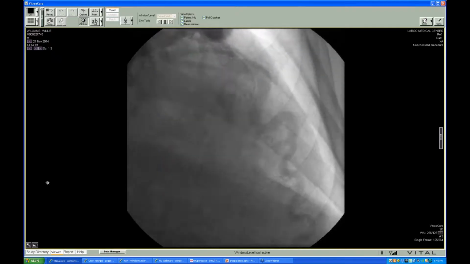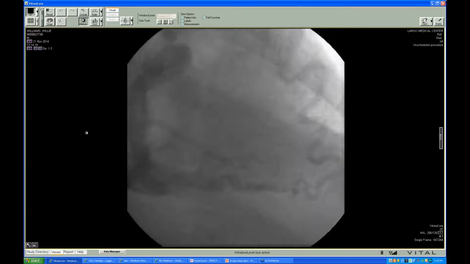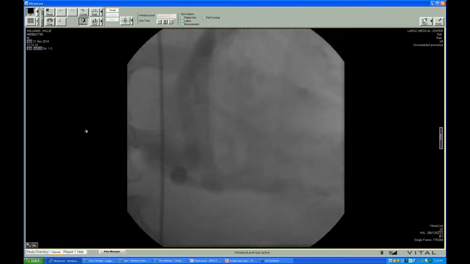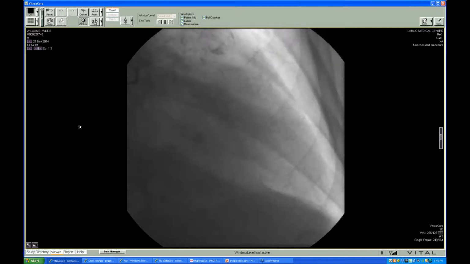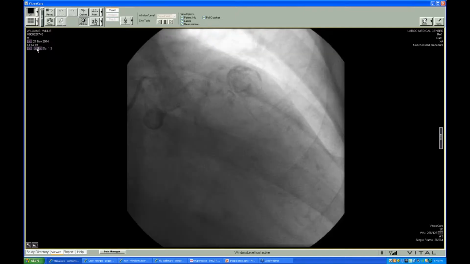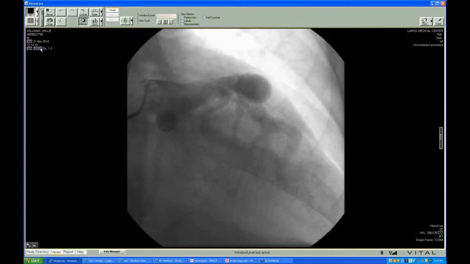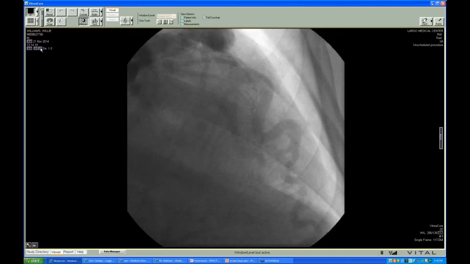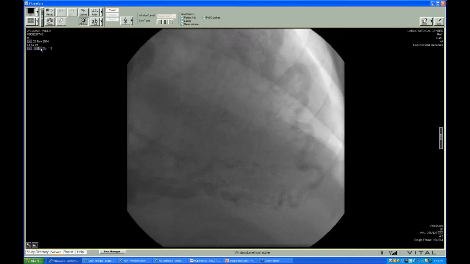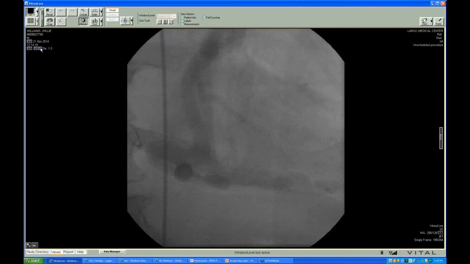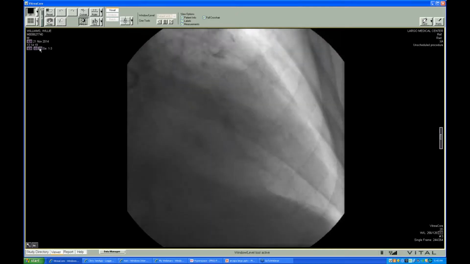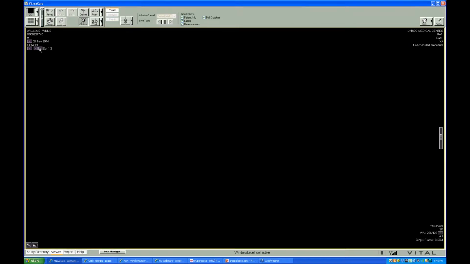That's called anomalous origin of the right coronary artery from the pulmonary. Correct. Okay. That's what it is then. It's not primarily a fistula, but ectopic origin of the right coronary artery with fistulous flow.